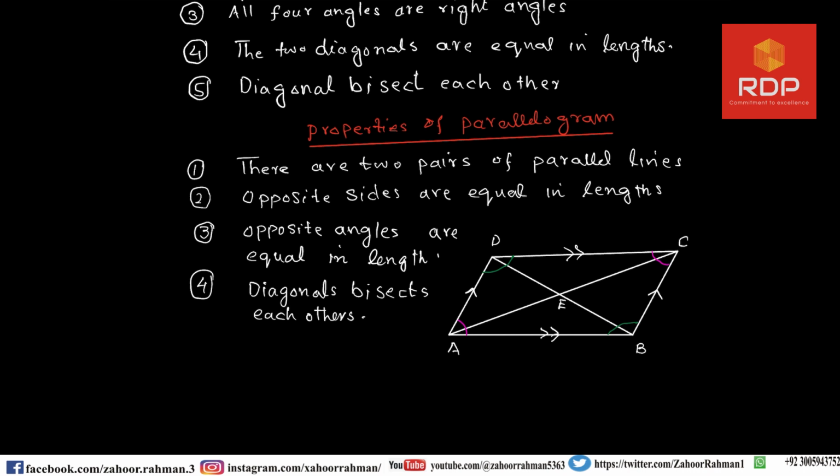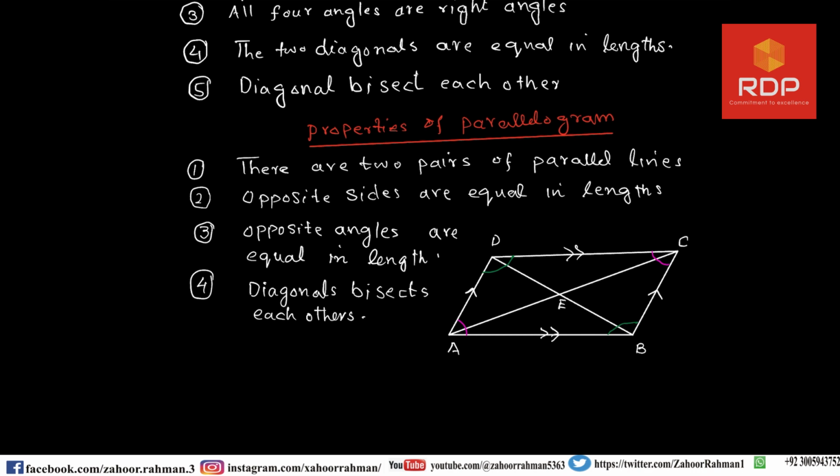So this angle will be equal to this angle, and this angle will be equal to this angle. Keep this in mind. In a rectangle, all the angles are of 90 degrees, but in this case the opposite angles are always equal, which is the third property.